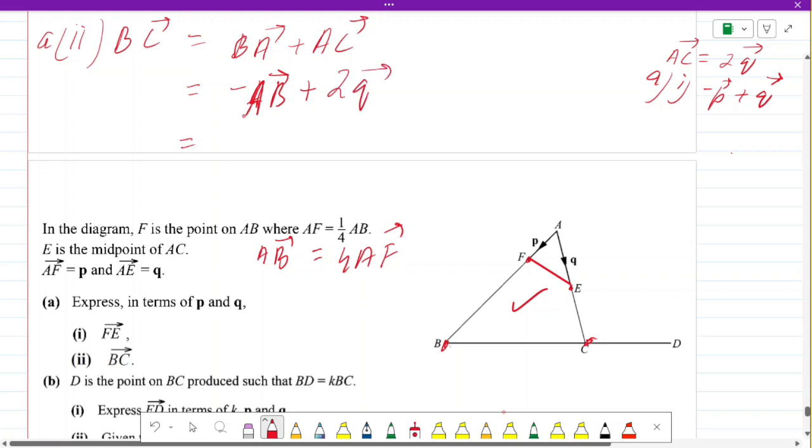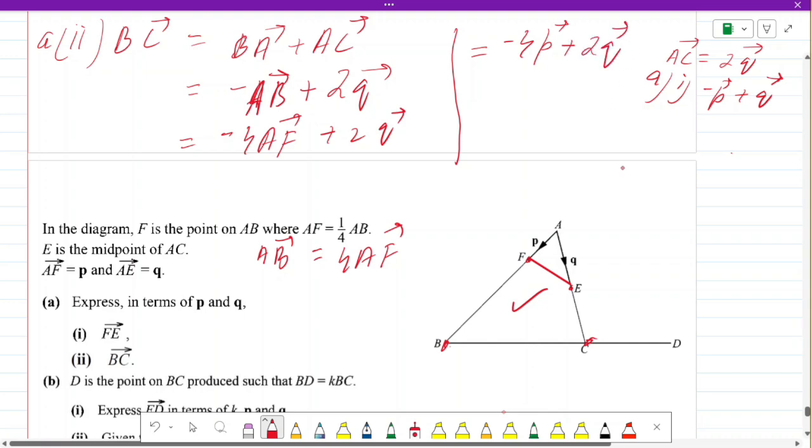So this is minus AB. Oh yes, here AB is equal to 4 times AF. So minus 4 times AF. AF was equal to P. So minus 4P plus 2Q.